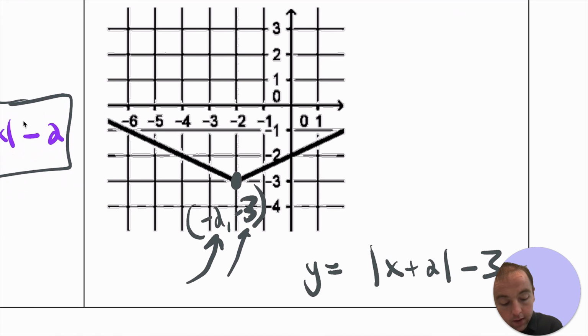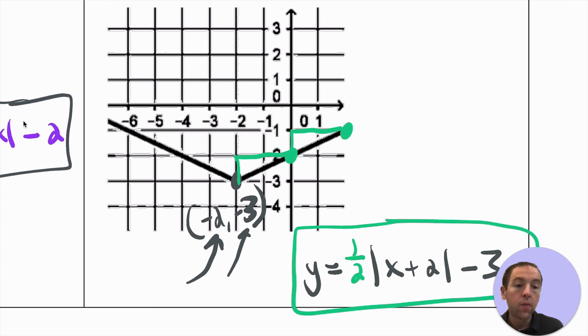And then the last thing that we'll want to incorporate right here is any sort of a factor or reflection that may be going on. There is no reflection since the V shape is facing upwards, but you will notice that it's a little bit flatter than a pancake, because if you follow the slope pattern of this, it seems to have a slope of 1/2, and that indeed is the compression factor, that the graph is compressed by a factor of 1/2 compared to just y equals absolute value x.